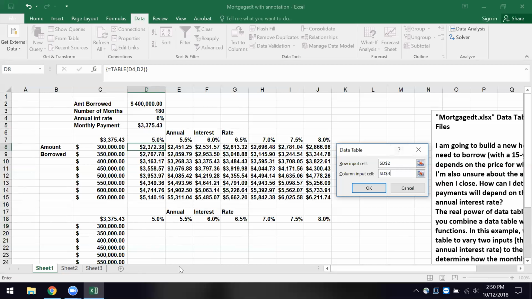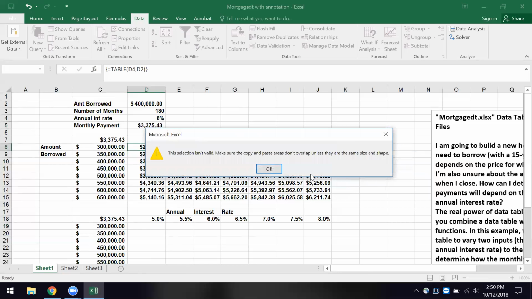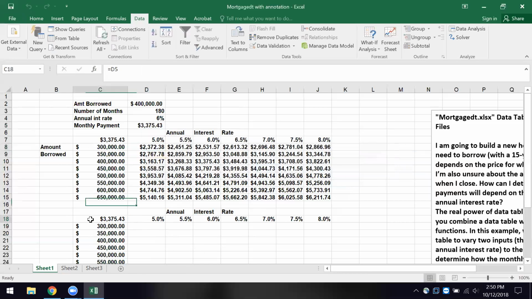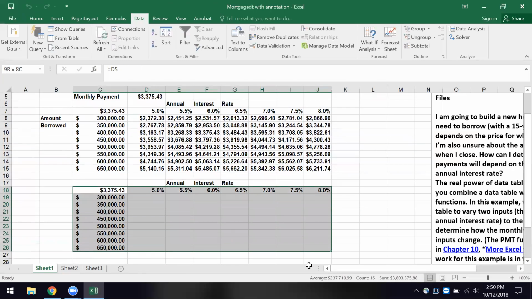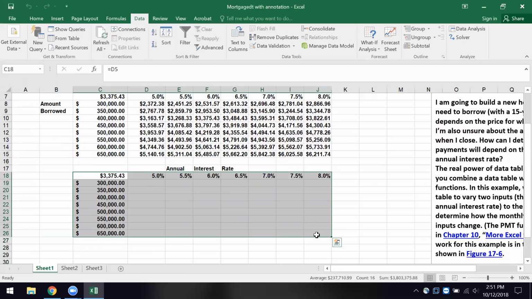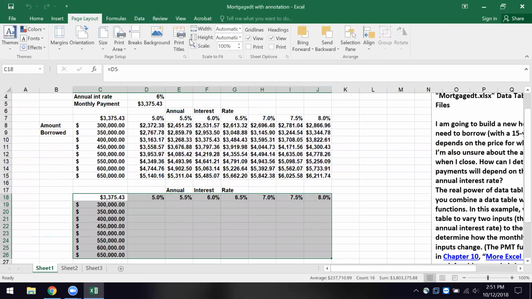That's the row input. And then I'm going to do the column input, and that's the annual interest rate. So I do the row and the column. Now click that. Well, I didn't, so I'll go ahead and get these all done in here, and then we'll do our data. We'll do the what if analysis.